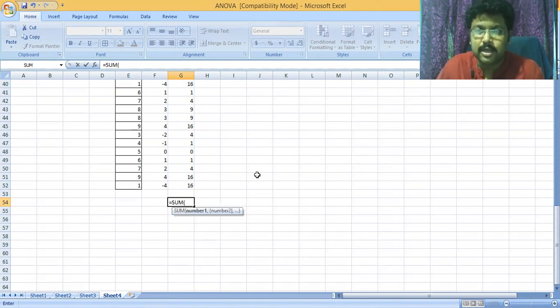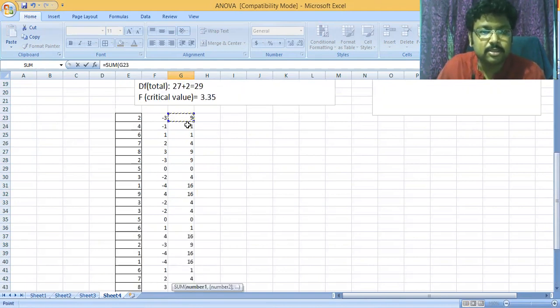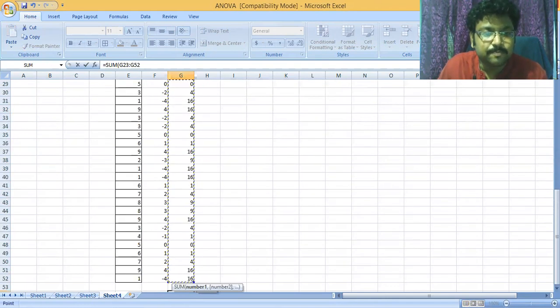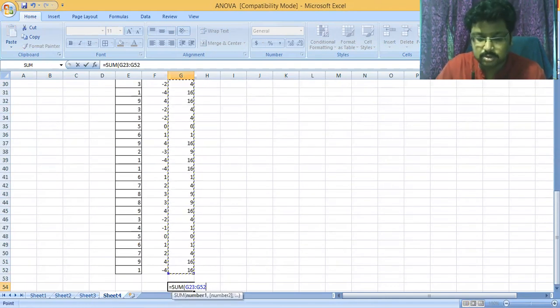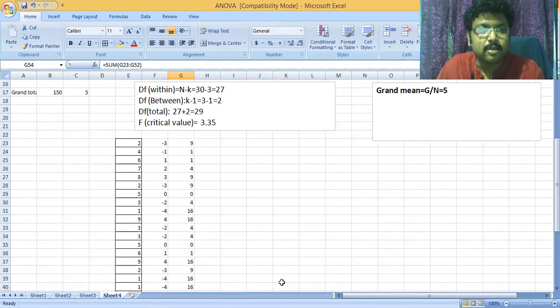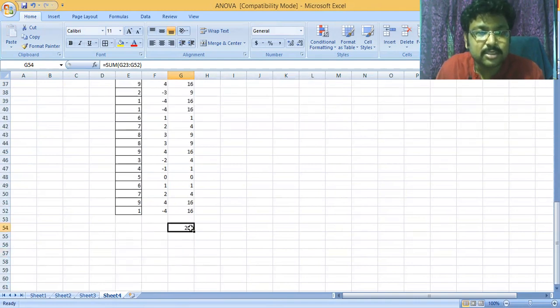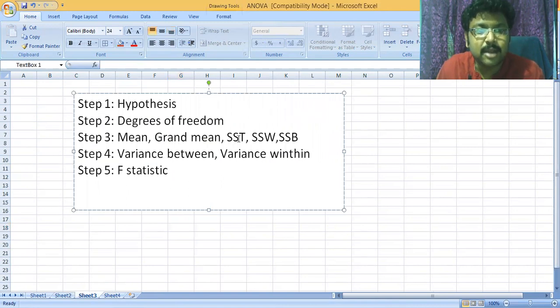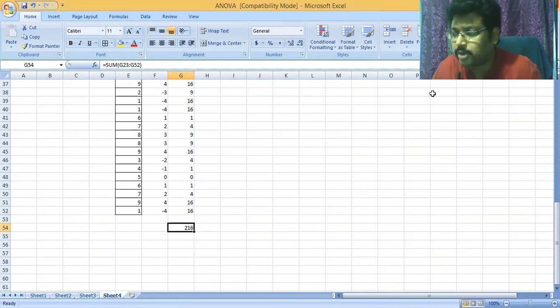Calculate it and sum it. So 216 is the sum of square total.